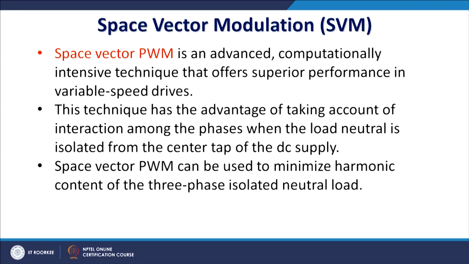Space vector can be used to minimize the harmonics, because at every instant you can check. In PWM, we have actually seen the very crude PWM, that is your bipolar PWM, where there is a huge content of harmonics. This is the instantaneous voltage, and the applied voltage has a huge error.